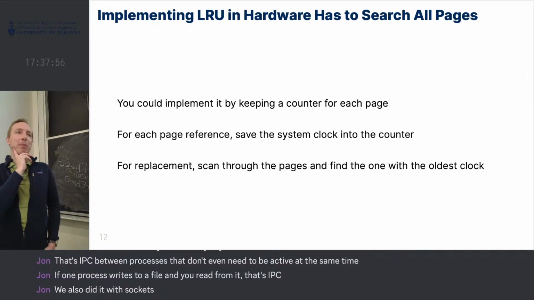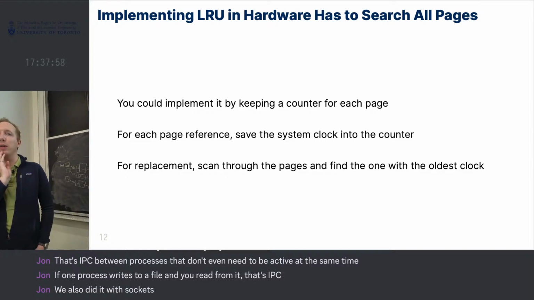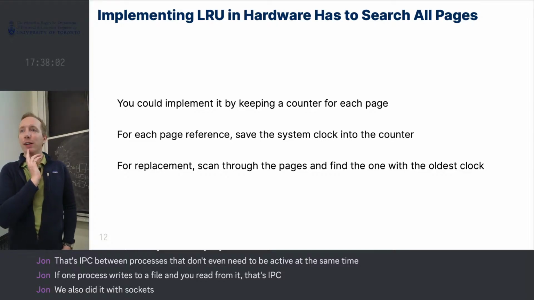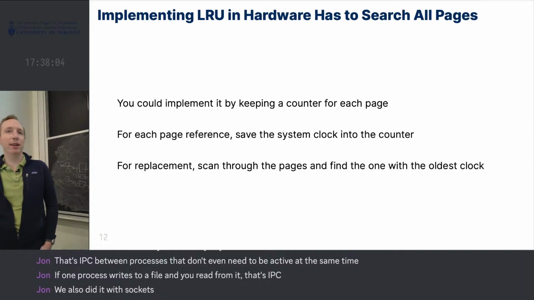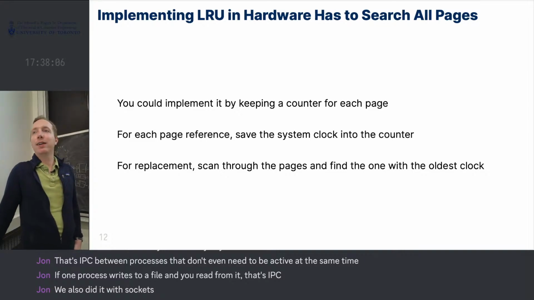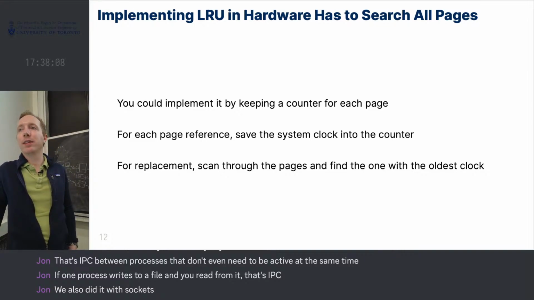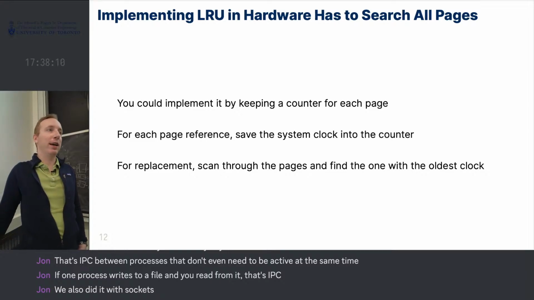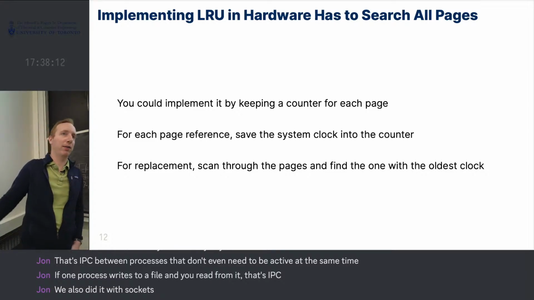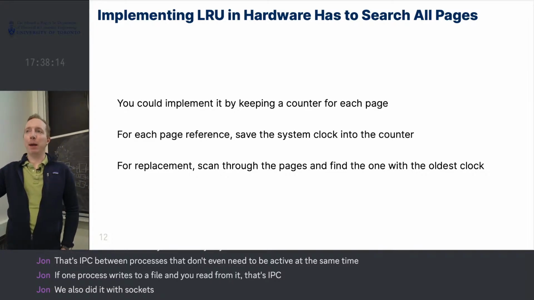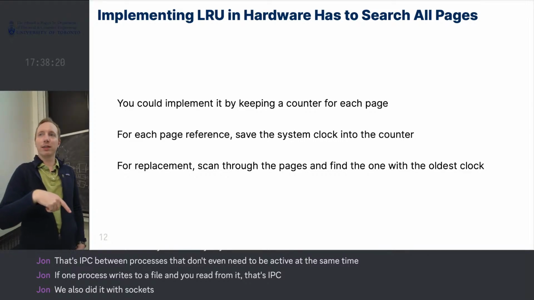Can we think of another implementation that doesn't use a counter? What about a linked list of some type, doubly linked lists? Yeah, so I could have a doubly linked list, and if I access a page, I put it at the back, and to replace something, I replace it at the front. Just keep that in order.